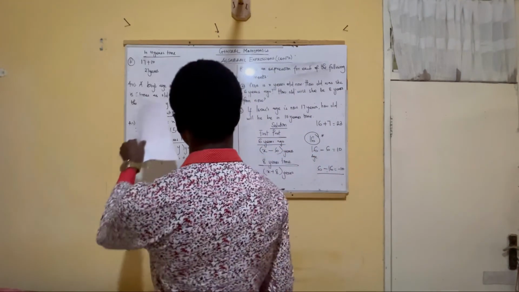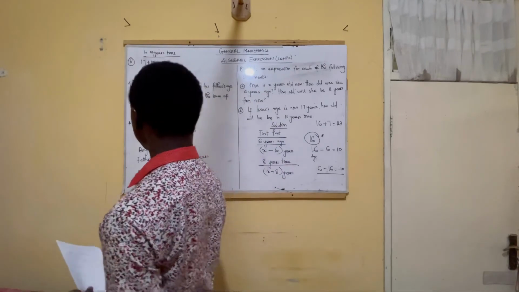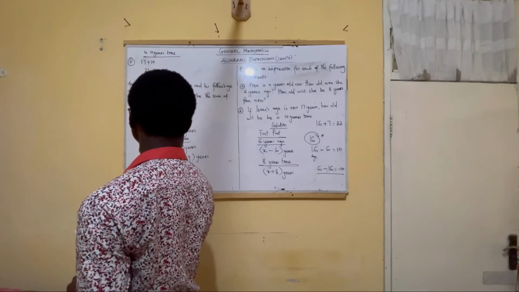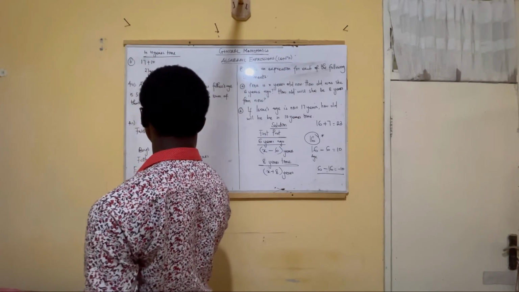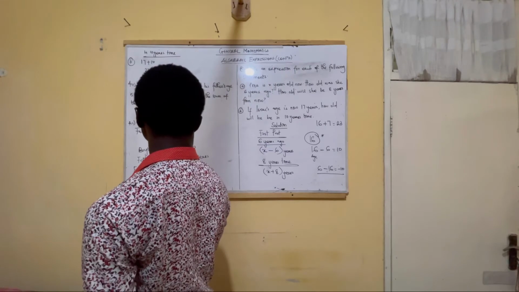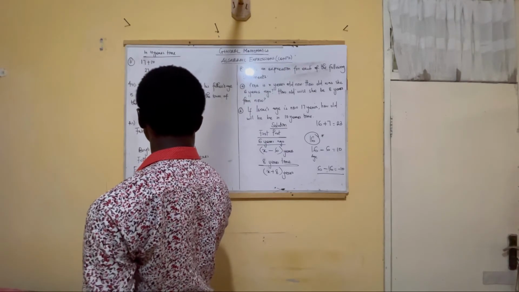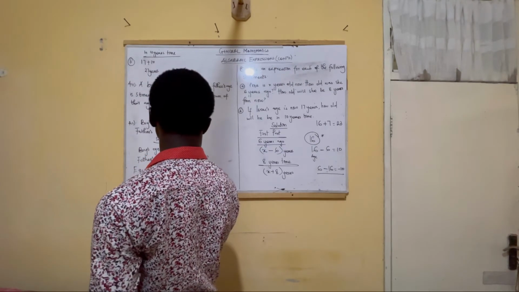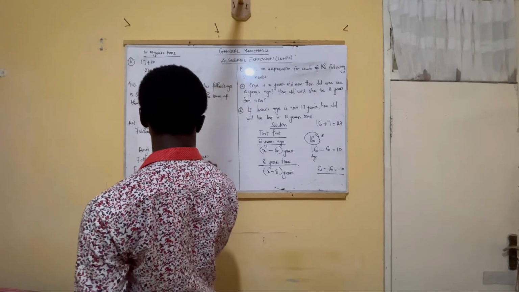Now, if they ask you to find the sum of their ages in 1 year's time, this is going to be our equation: x plus y, adding up to 5x plus y.